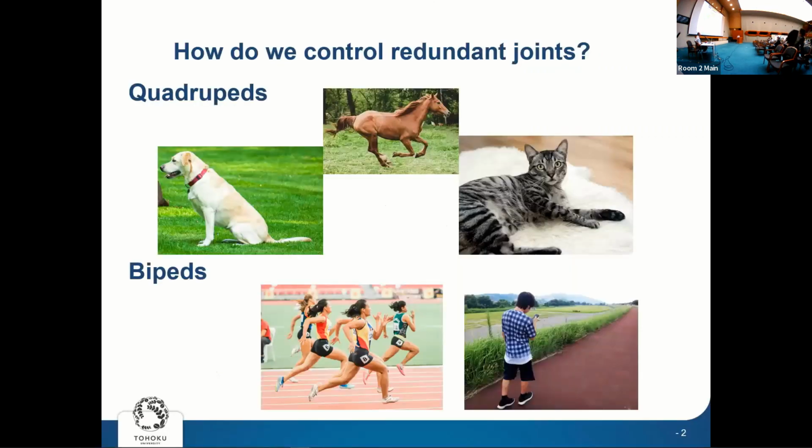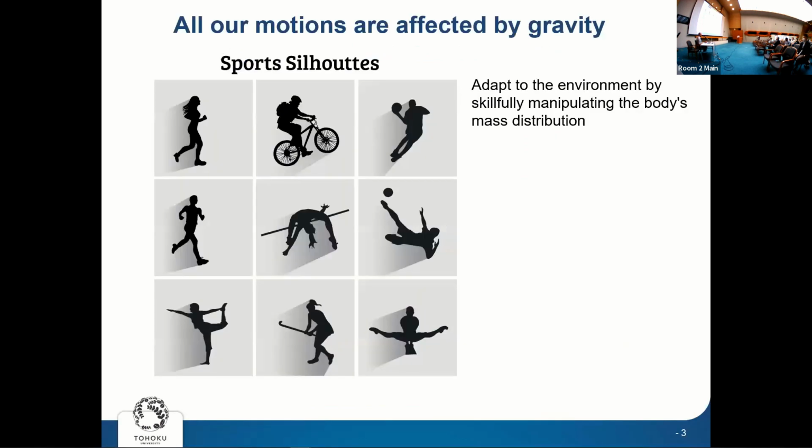So we all know that there's a robot joint. We have a redundant joint, and thanks to this redundancy, we can do complex tasks.